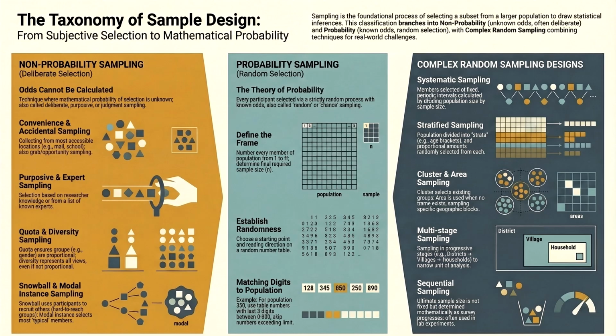Or if I'm taking a sample size of 200, 120 will be male and 80 will be female. This is because in the population, the total students of St. Aloysius Deemed University, 60 percent are male and 40 percent are female. I maintain the same ratio in my sample size as well. That is what is called quota sampling.